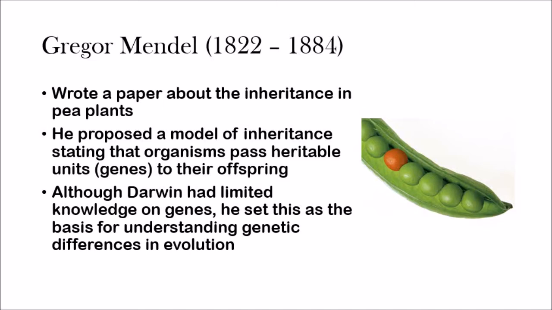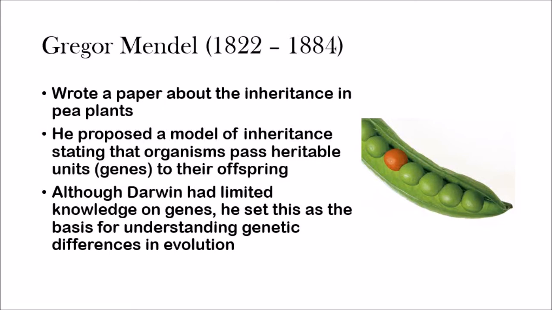So he proposed a model of inheritance stating that organisms pass heritable units called genes to their offspring. So he basically proposed a model of how these little genes, these codes of information, were passed to offspring in order to get those heritable traits. So although Darwin had limited knowledge of genes, he set this as the basis for understanding genetic differences in evolution.